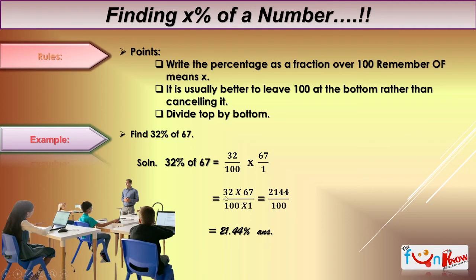So 32 into 67, the answer will be 2144 divided by 100. So easily we can convert this value to the decimal, that is 21.44. So this is how we can find the x. This value can be 32, 33, 34, whatever percent of any number, and this is how you can convert it to the decimal.